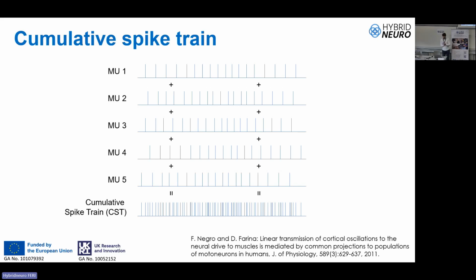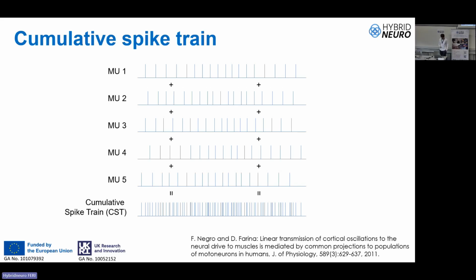Now if we return to the previous slide, why would we bother identifying each motor unit if then in cumulative spike train we sum everything together? That's the question. Of course, we would identify individual motor units for a specific reason, but for this reason, we would not need to do it.